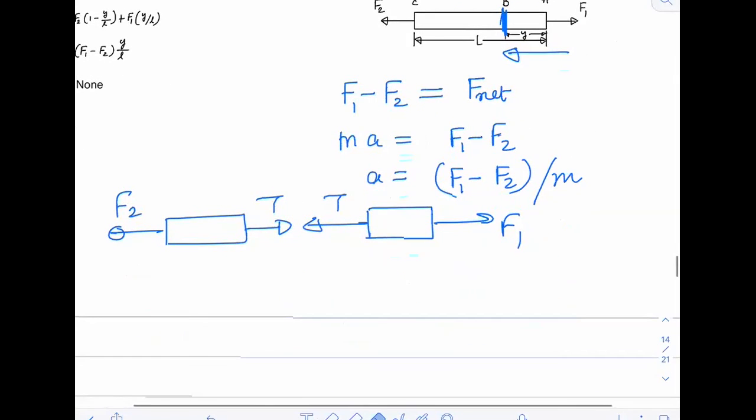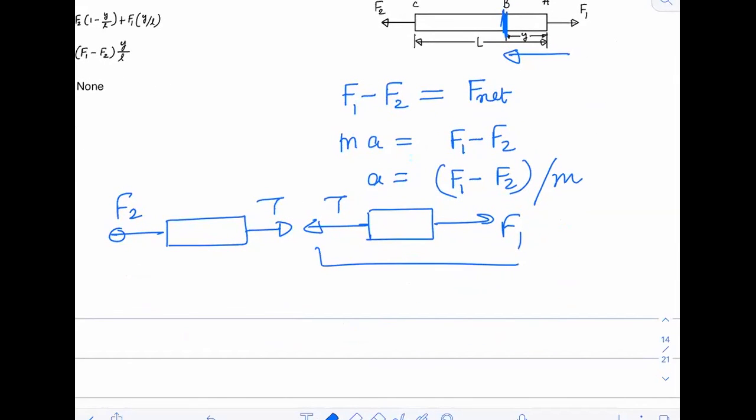Now, for this T value, what can I write? F1 minus T is equal to M1A. This is M1 you can assume, and this you can assume as M2, where M1 is the weight of this part from A to B. This is M1.